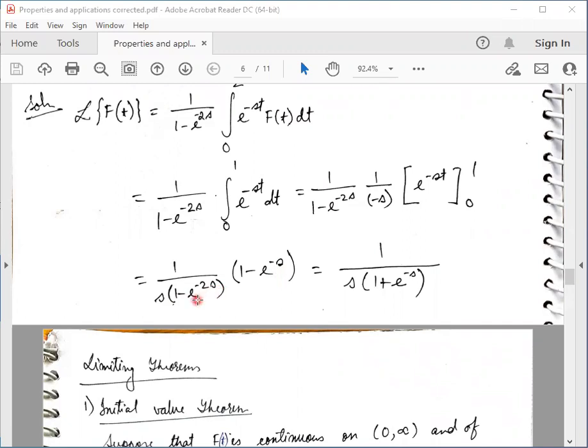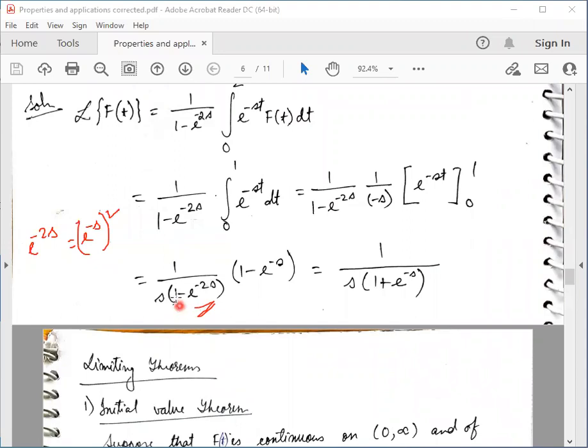So e to the power minus 2s can be written as e to the power minus s, whole squared.